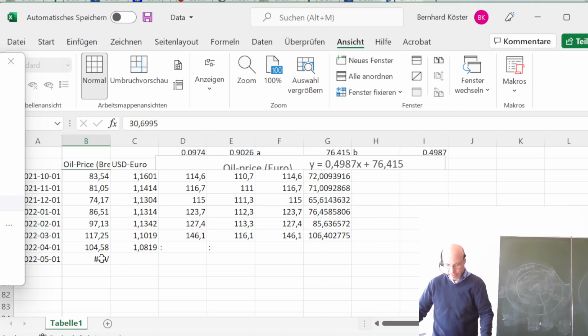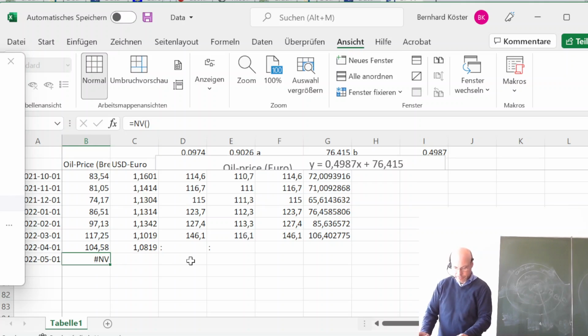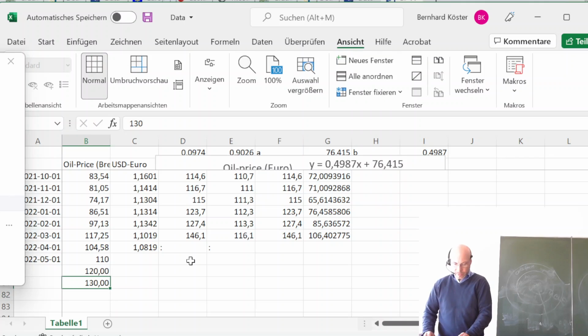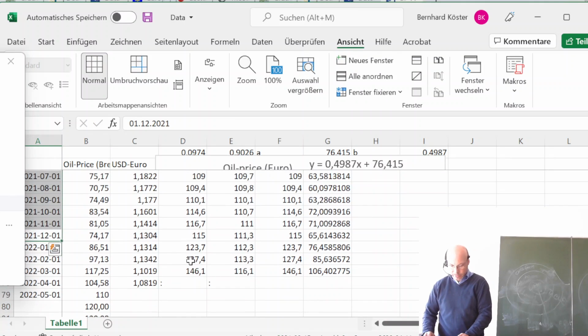So then let's say in May we have maybe roughly 110, and from May on then 120 and 130, and this 130 we make the guess that this stays the same during the whole next year.